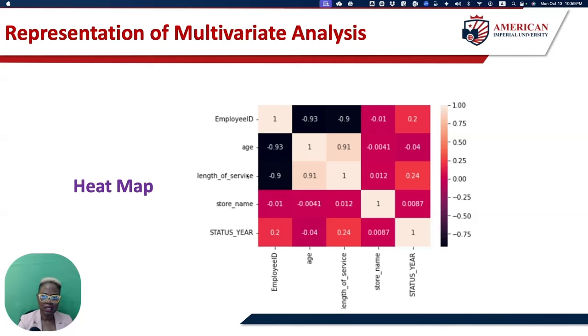What it's saying is that those with a longer length of service would have a lower ID. I guess they start off giving everybody lower numbers, and as the employee numbers increase, the employee ID gets larger. Similarly with the age, the older employees tend to have a smaller or lower employee ID.